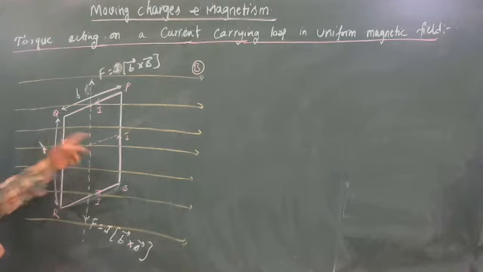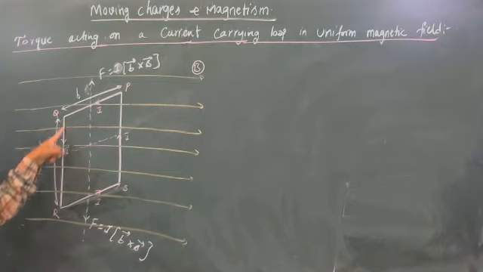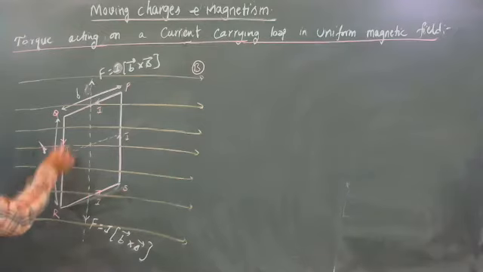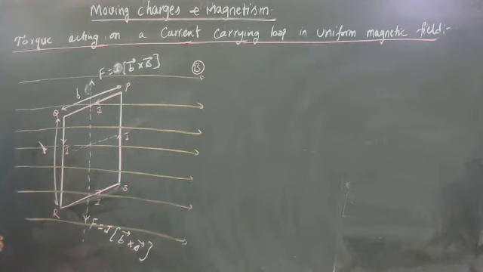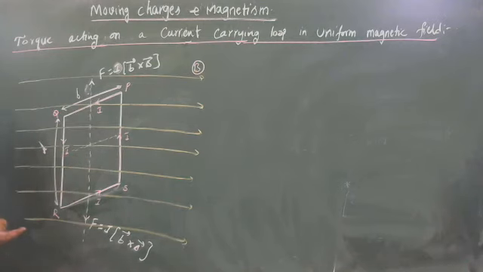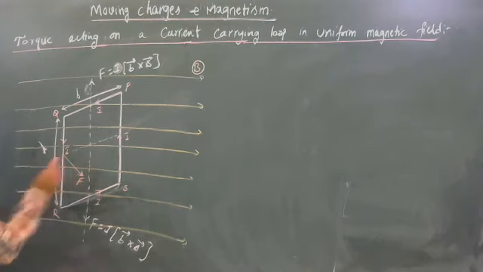Its length is L, it is in a magnetic field B, perpendicular. The force is BIL. In what direction does it act? Outwards, outside of the board. Field in this direction, current in this direction, outward. This is the force.